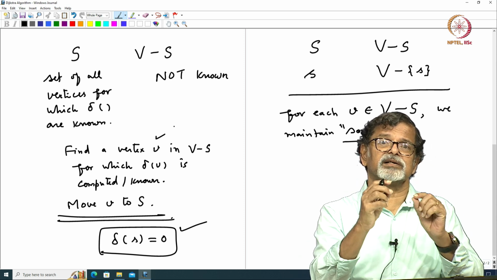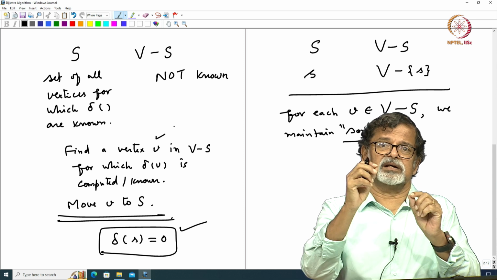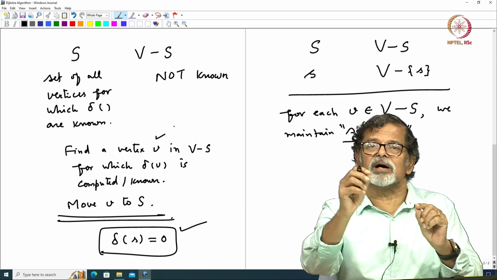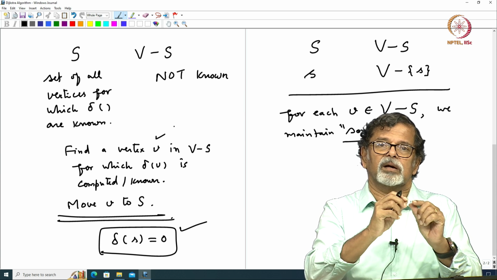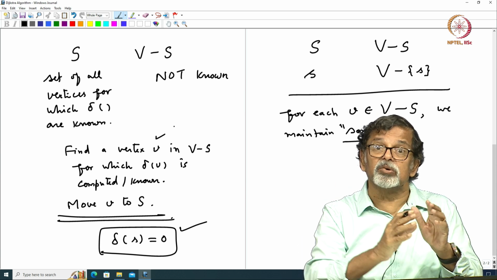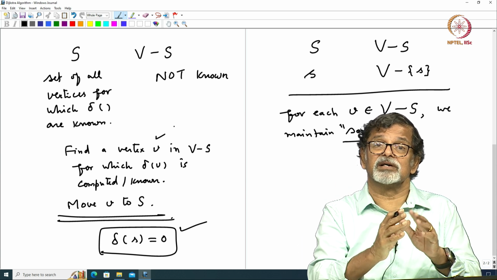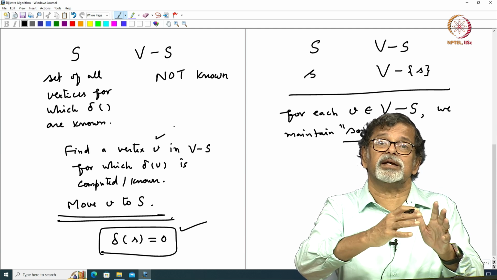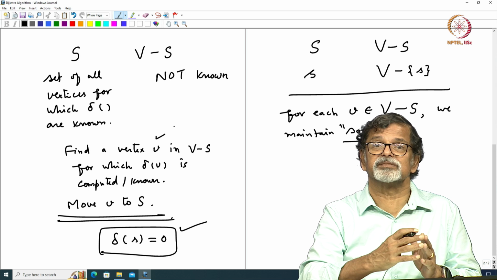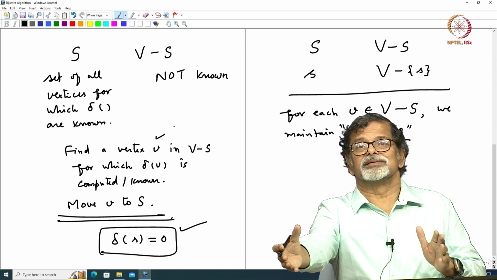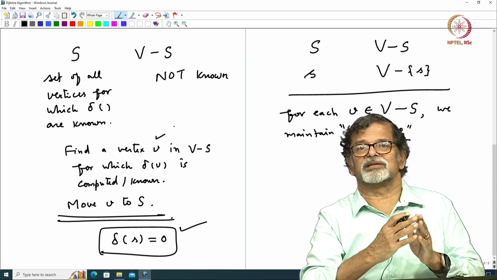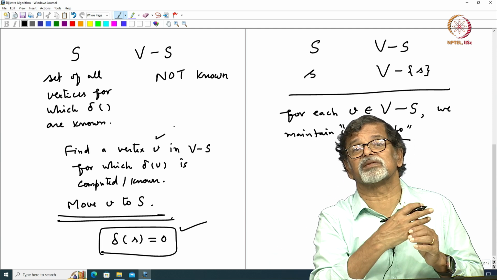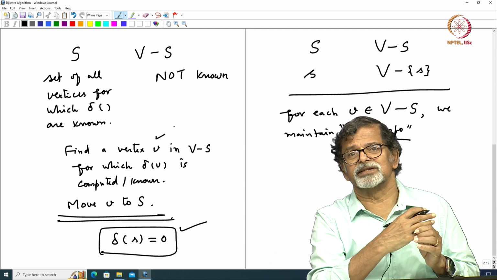You can see that the shortest path from S to V goes through some vertices, and if I know the shortest paths for all of them, then as an extension of that, through the last vertex, I can determine the shortest path for V as well.